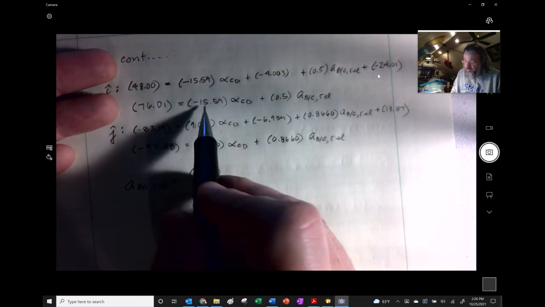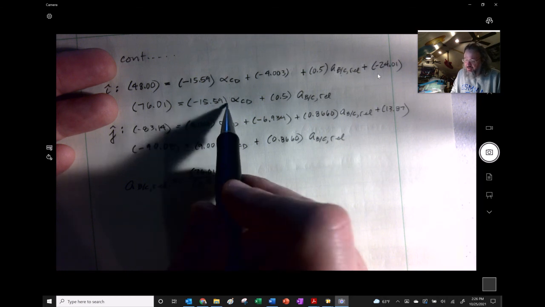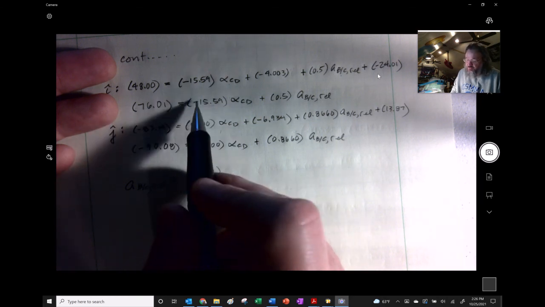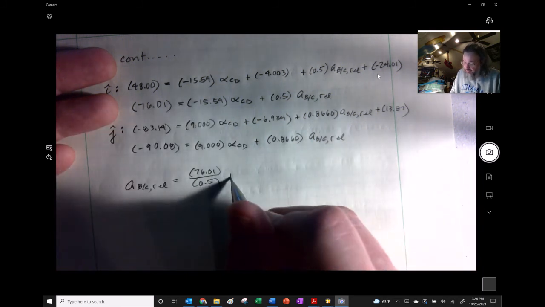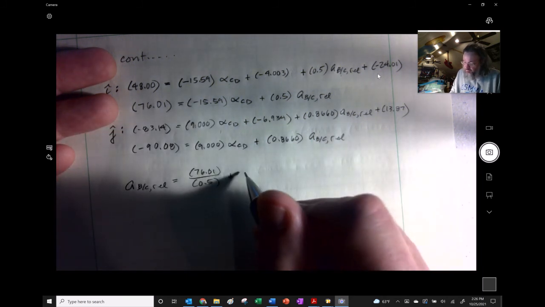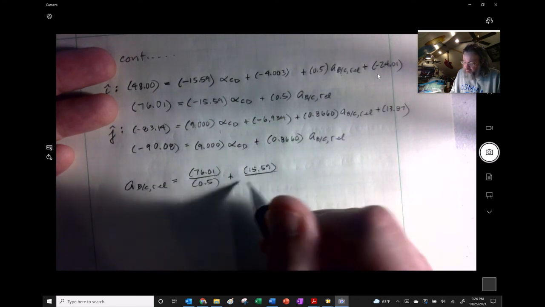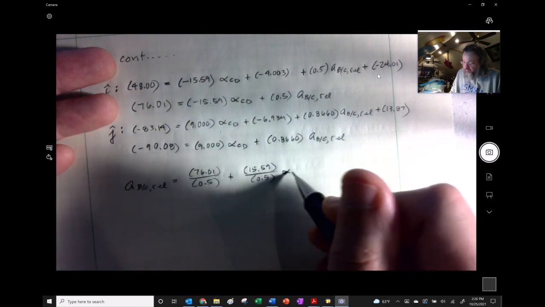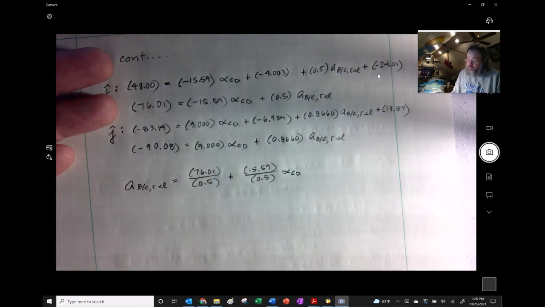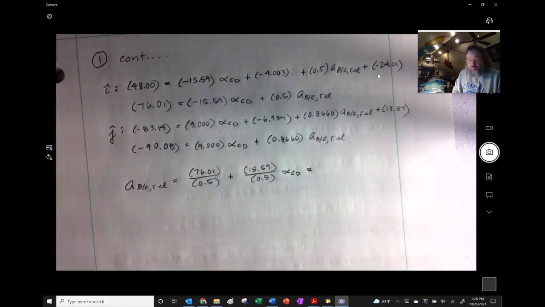And then now I'm going to bring this over to the other side, and that's going to make that positive. So that becomes 15.59 and 0.5, and that's an alpha CD. Did I do that right? I think so.